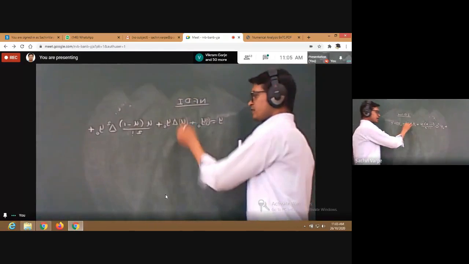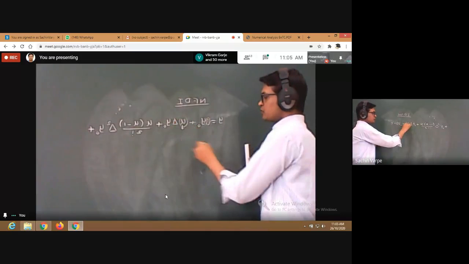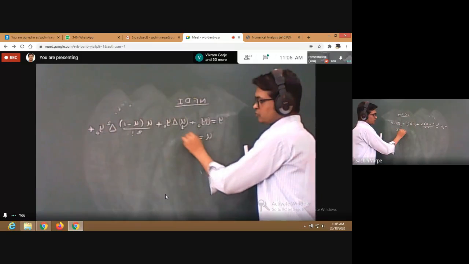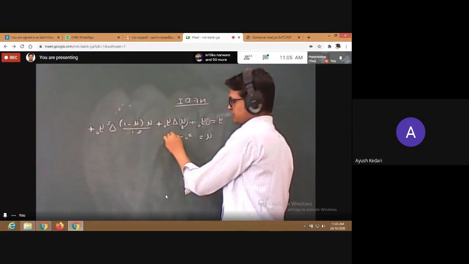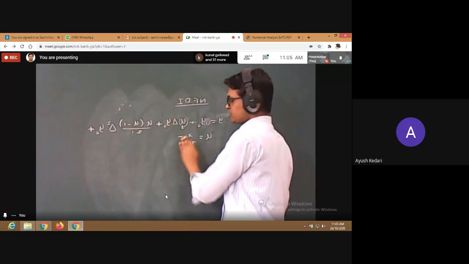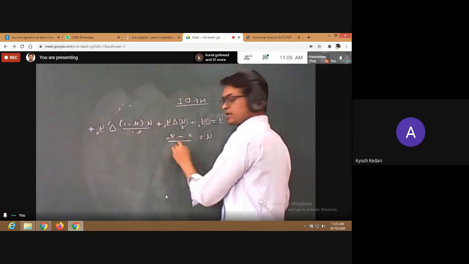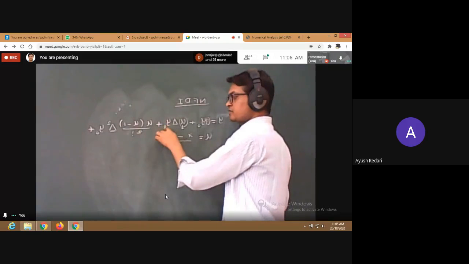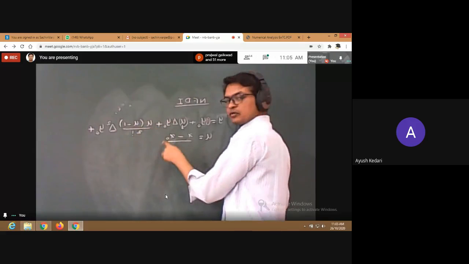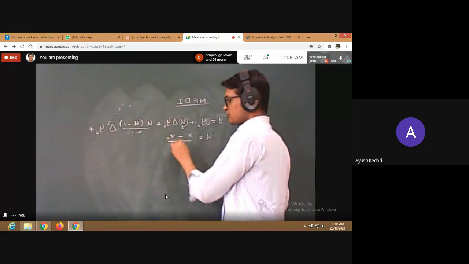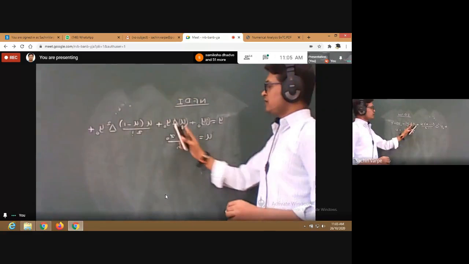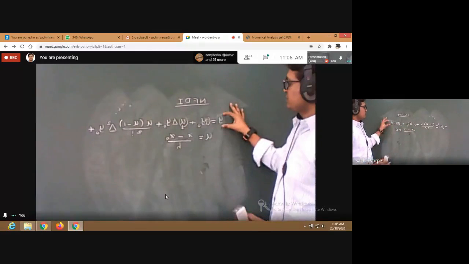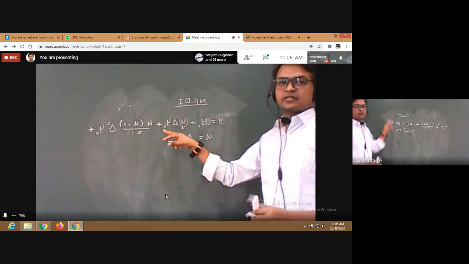In that, if we substitute the value of u is equal to x minus x naught by h, not xn, because we are writing in terms of y naught, so we need x naught only. So when we substitute the value of u there, directly we can get y in terms of x.